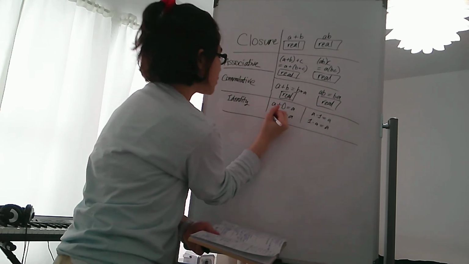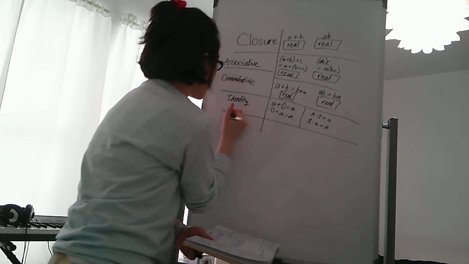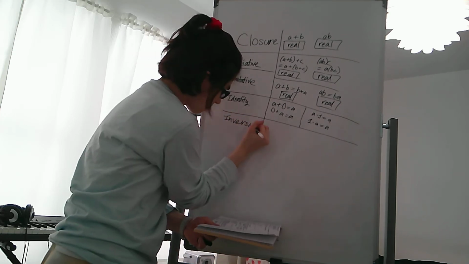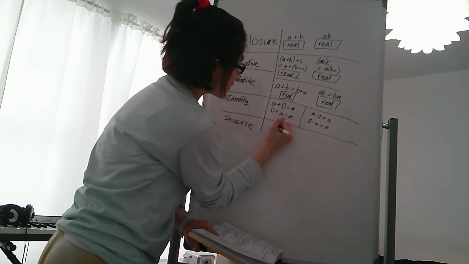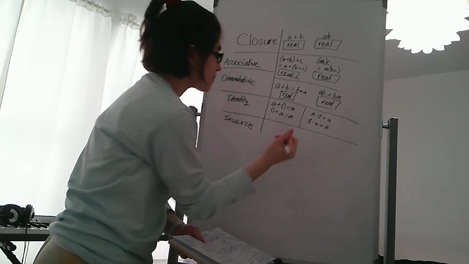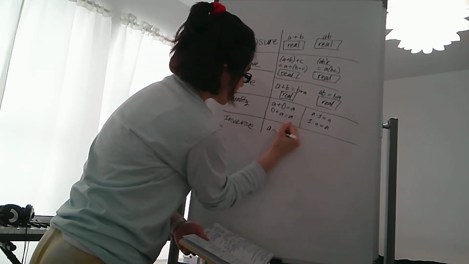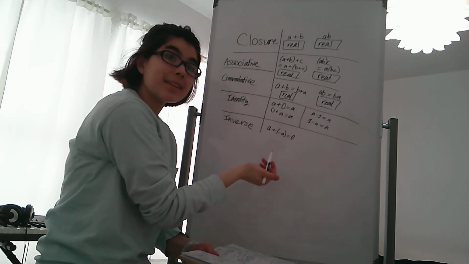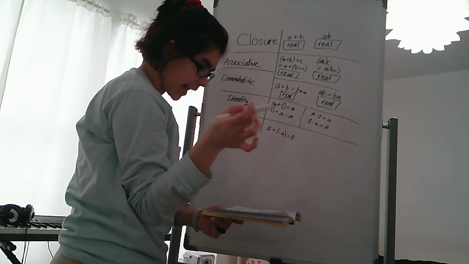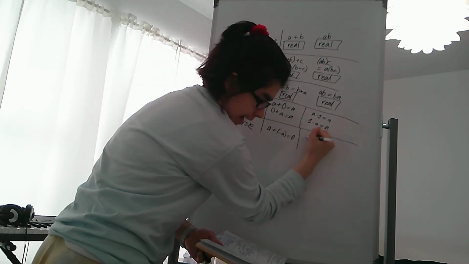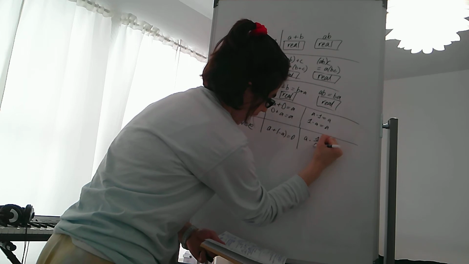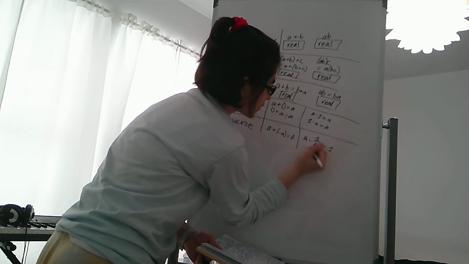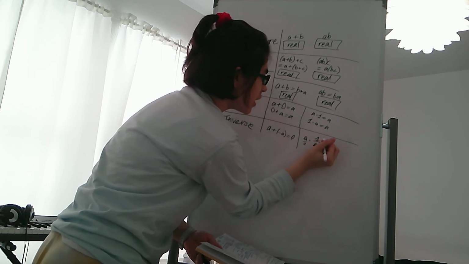Now we've got the inverse property, and that says basically what I was just talking about with 0 at the beginning of this video. A plus its opposite, negative A, is 0, the additive identity. And A times 1 over A equals 1, because A cancels out, if you think of putting this in a fraction, they cancel out.